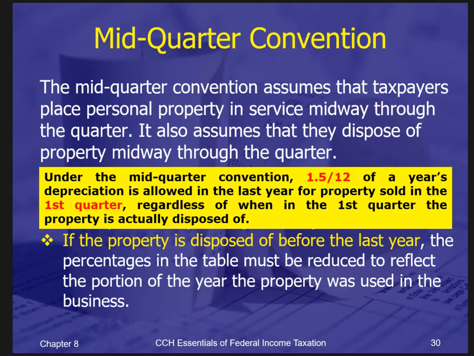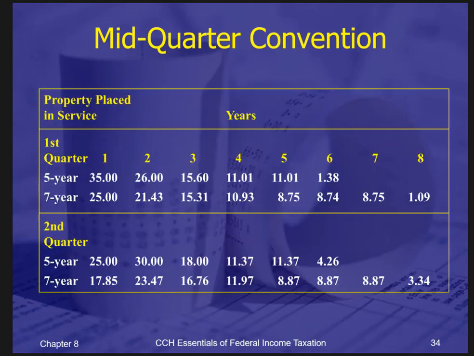So the middle of the first quarter is February 15th. Okay, and here's just the way it would look for each of the numbers. The tables still help us. We just have to worry about it if we sell it before the end of the useful life.